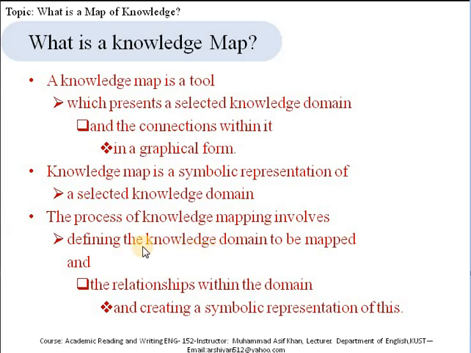A knowledge map is a tool to show a selected field, a selected discipline, a selected knowledge domain, and it also represents the connections within that domain. And all this representation is in graphical form.